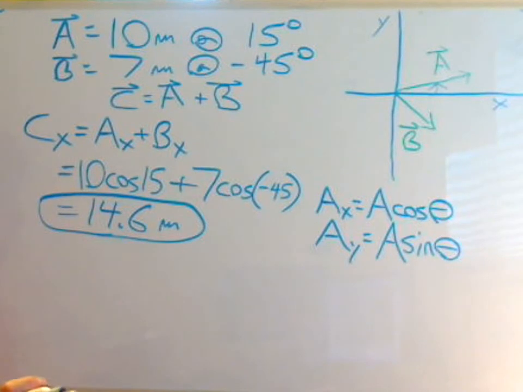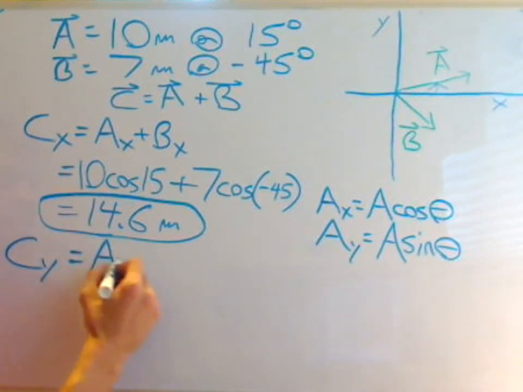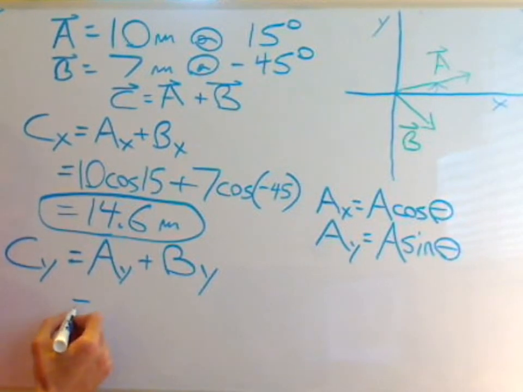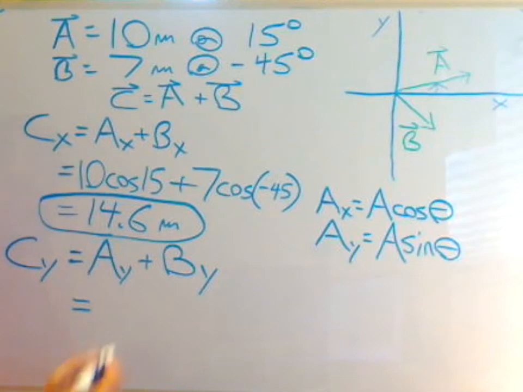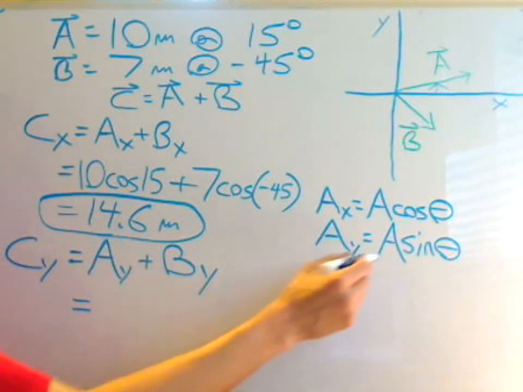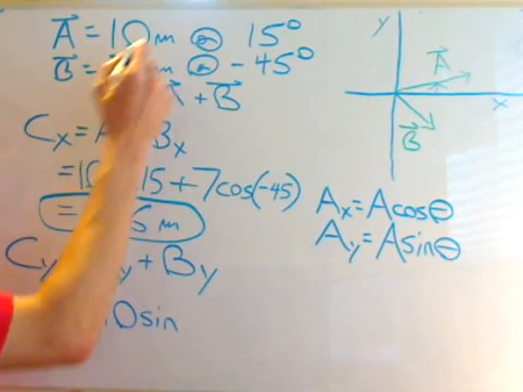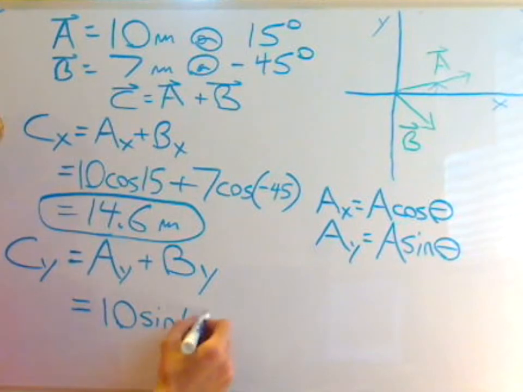But that's just half the problem. We need to know what the y component of this vector is. And that's the y component of A plus the y component of B. Remember, with the y component, we're dealing with the sine of that angle now. So the y component of vector A is 10 times the sine of its angle, 15 degrees.